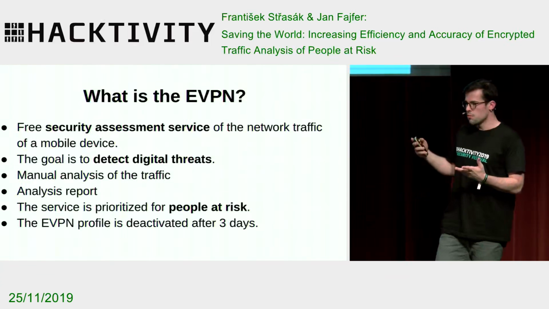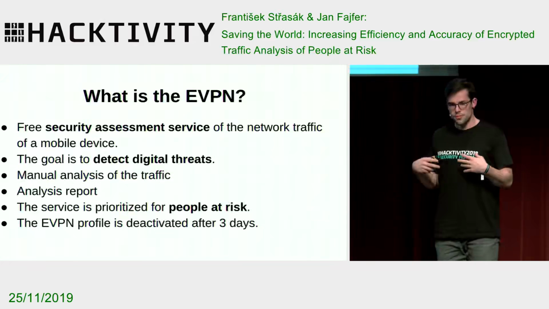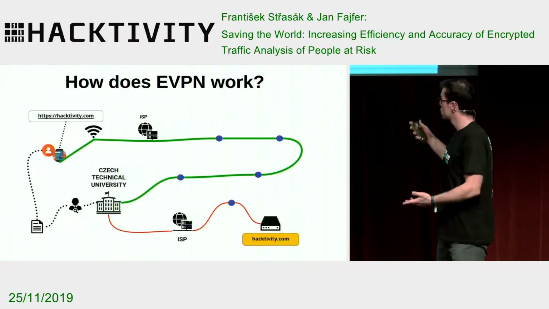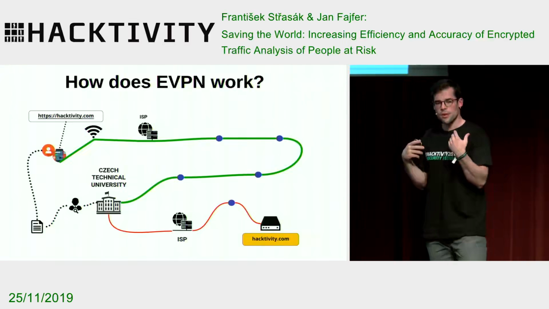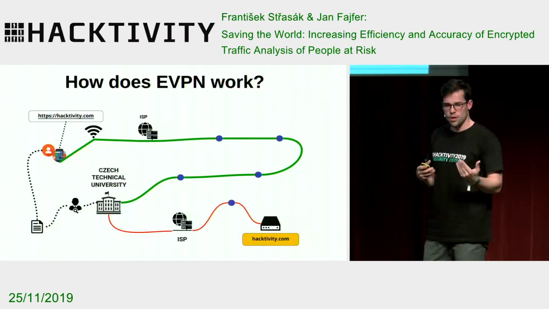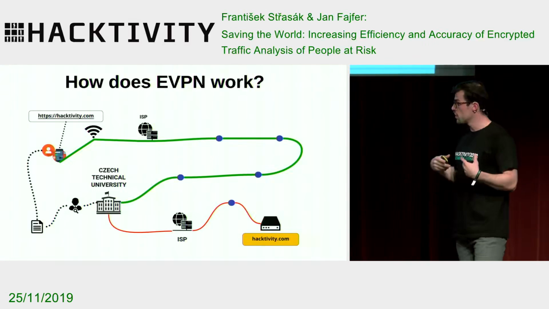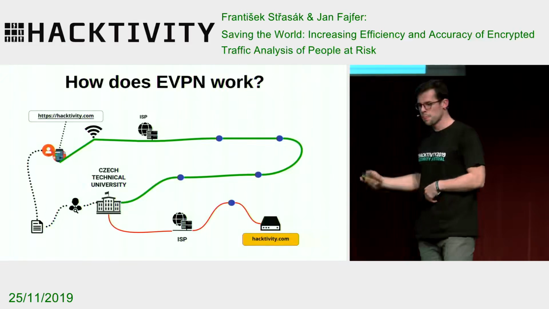So the usual process would be a person contacts us, tells us they want an assessment of what is happening in their phone. We send them an OpenVPN profile, which enables them to connect to our VPN server at our university in Czech Republic.